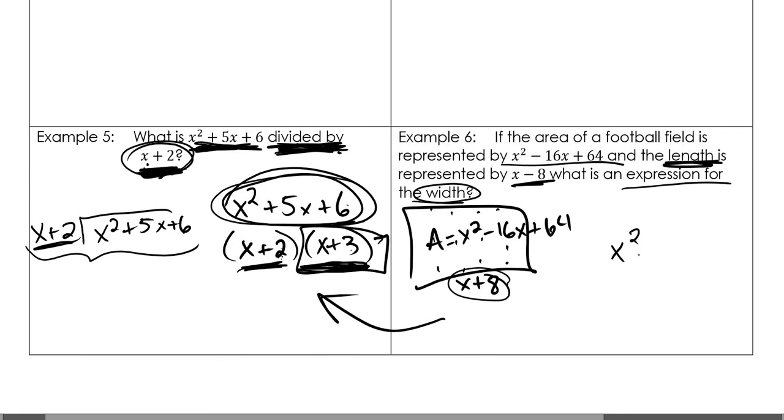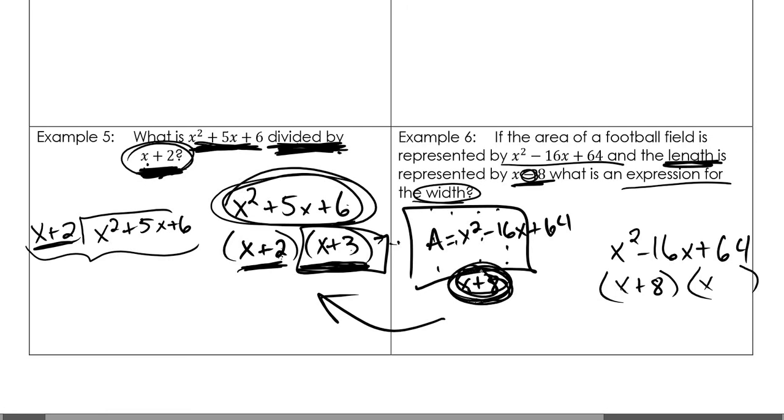So you're going to do it the same way. Here's my x squared minus 16x plus 64, and we're going to factor it. It's going to end up having two parentheses. They'll both have x, except they told us what one of the sides was. So now I know one is x plus 8, so it makes it even easier. Well, as you can tell, it's supposed to be x minus 8. So hopefully you didn't fall for what I did.